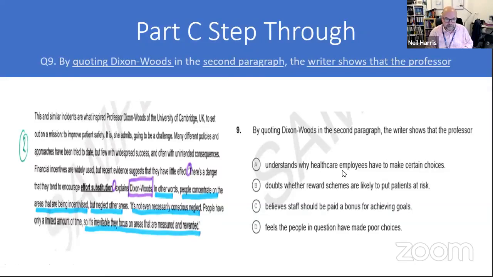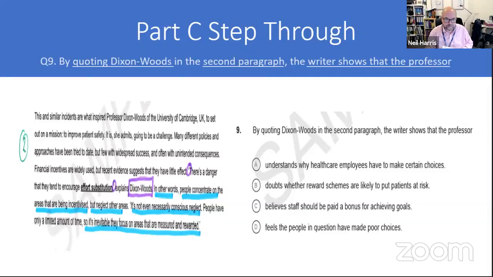Now, a number of you are coming up with A, good. Some of you talked about B, doubts whether reward schemes are likely to put patients at risk. You remember I said earlier that every part of an option should fit. Now, I want to challenge you and ask, is there anything in the text that says that Dixon Woods doubts that this will cause a risk to the patients?